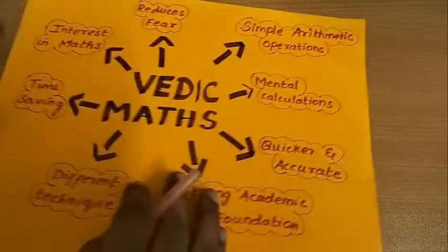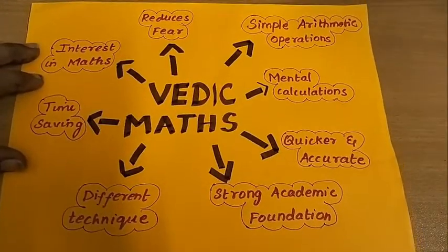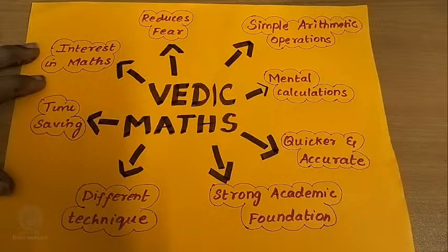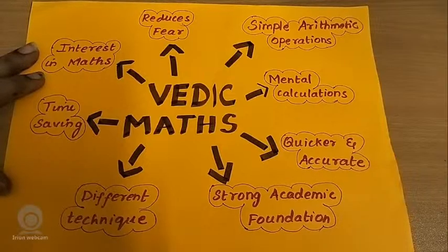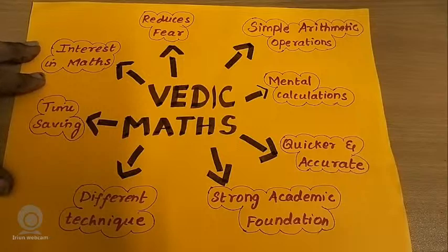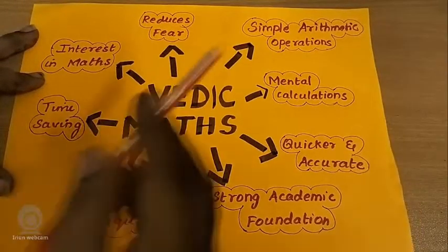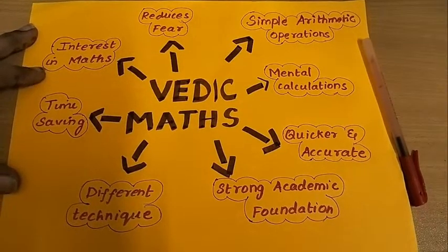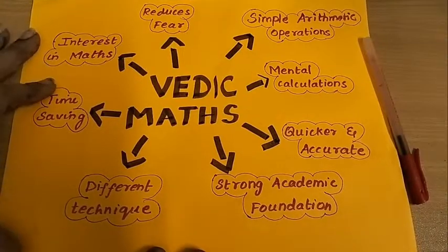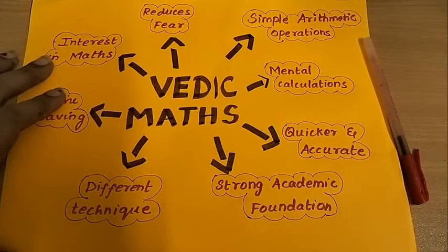the starting step. Why I am saying grade 3 is that grade 3 students know the mathematical calculations, right? The simple addition, subtraction, they know the tables. They will be learning the basics in their normal mathematics, that is conventional maths in schools, right? So in conventional maths they'll be learning the basics. With that basic, they should have a little bit of basic knowledge about maths, so that they can apply it in Vedic Maths.